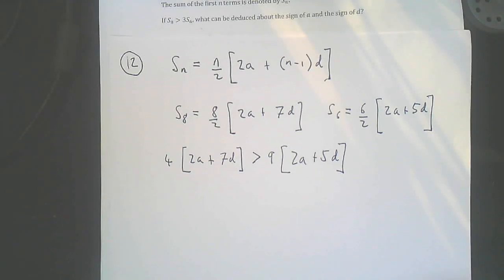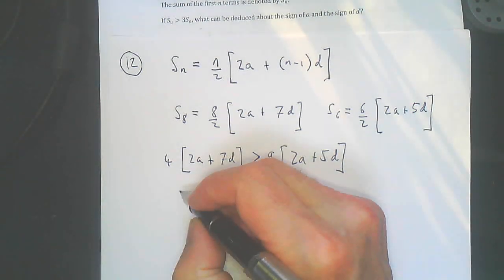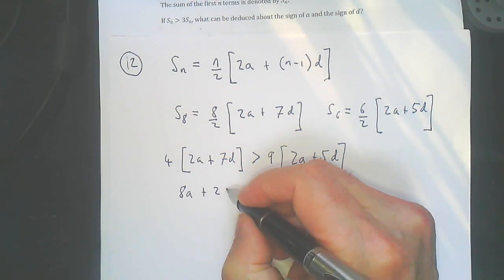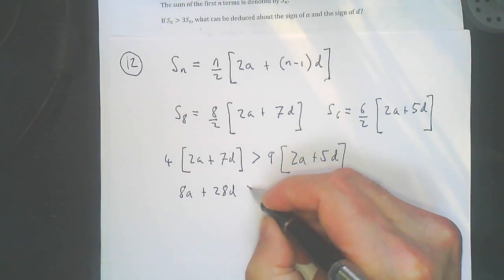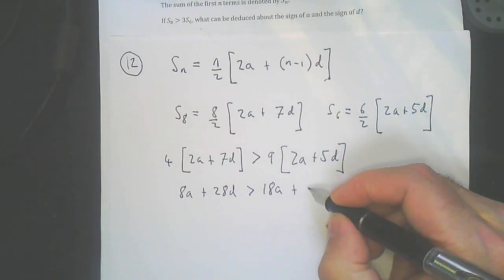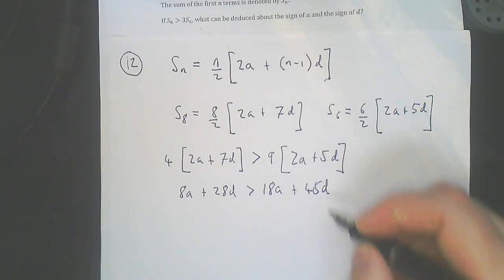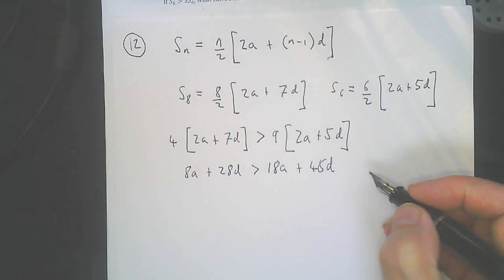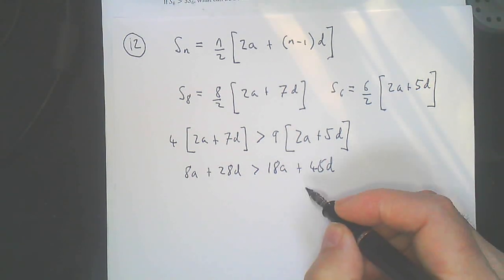Well, let's expand the brackets and see where this takes us. 8a plus 28d is greater than 18a plus 45d. Let's take everything over to one side to start with.